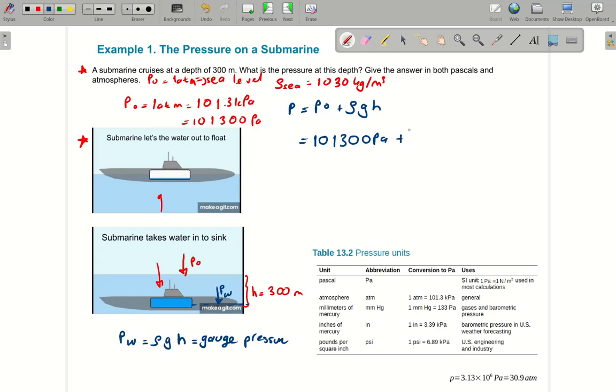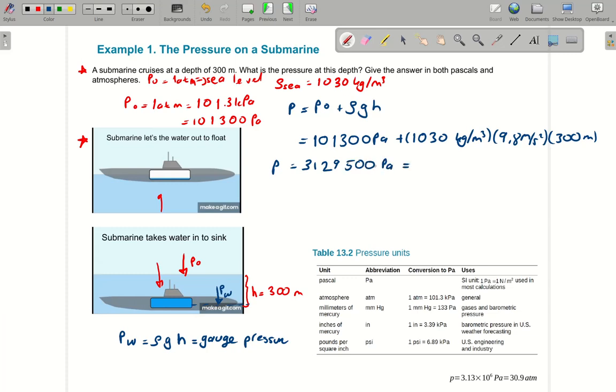So this plus density of the seawater, 1030 kilogram per meter cube, times our dear G, 9.8 meters per second squared, times the height, 300 meters, will give us a total pressure of, let's see, 3,129,500 Pascal. This is a really large number.